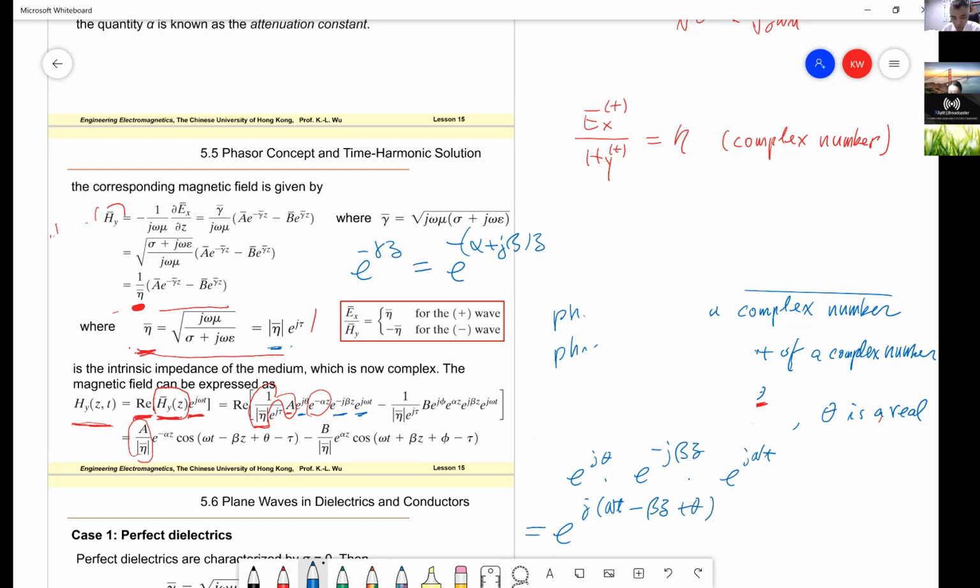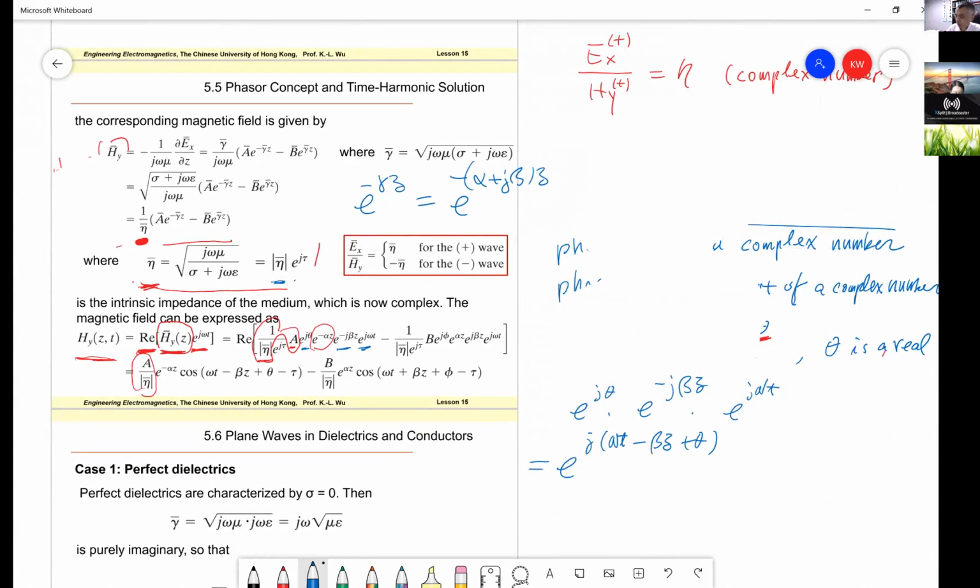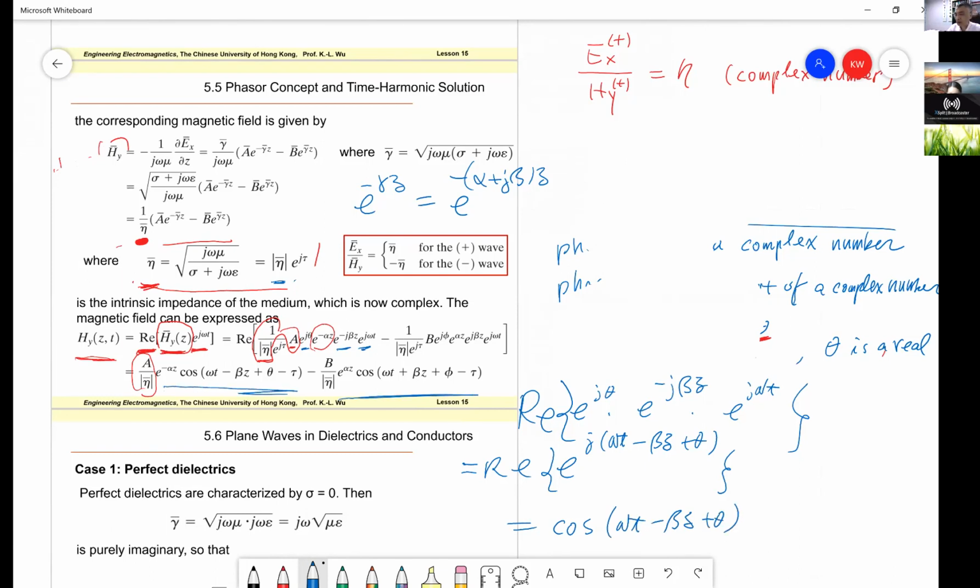Then we take the real part of this, which equals cosine of omega t minus beta z plus theta. This is the instantaneous term, the same as for the minus direction.